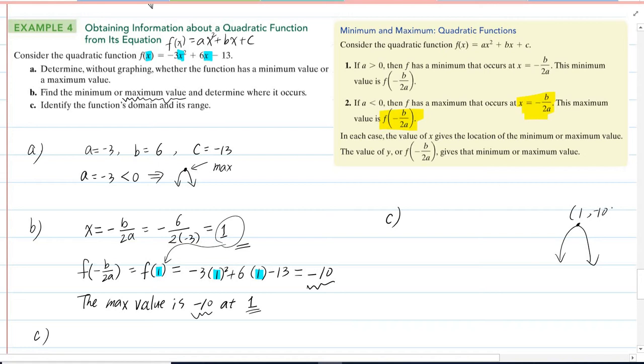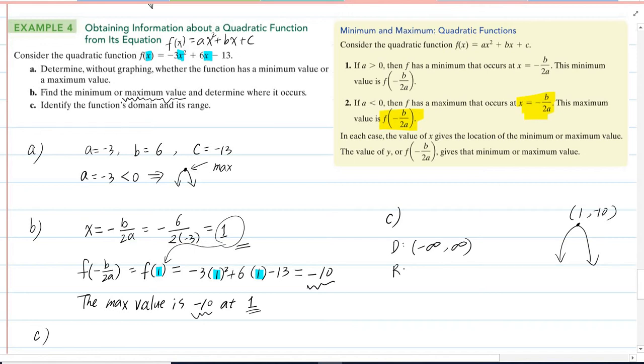For domain, as I mentioned previously, it goes from left to right. For a quadratic function, the domain is always negative infinity to positive infinity, as I explained in a previous lesson, because this goes to the left forever and this goes to the right forever.